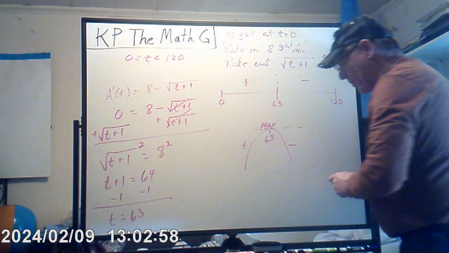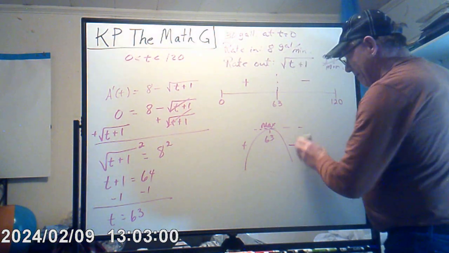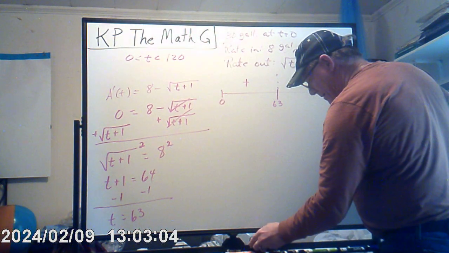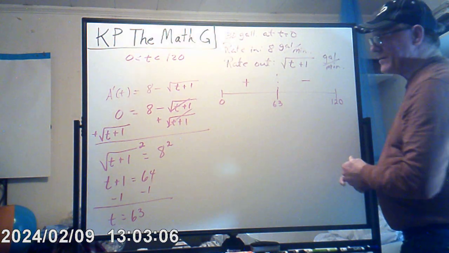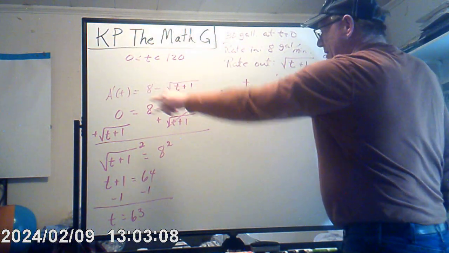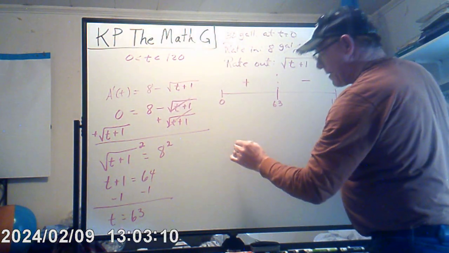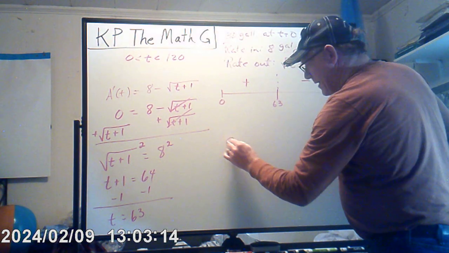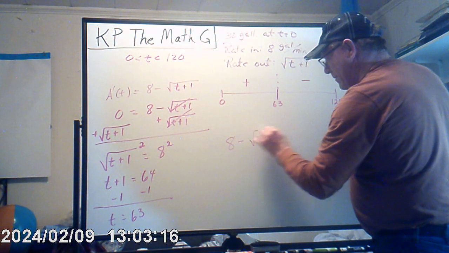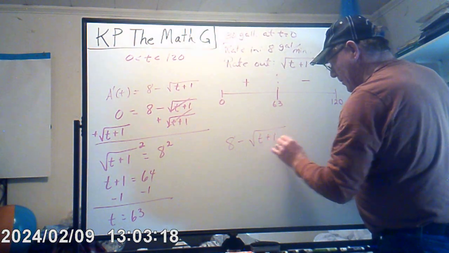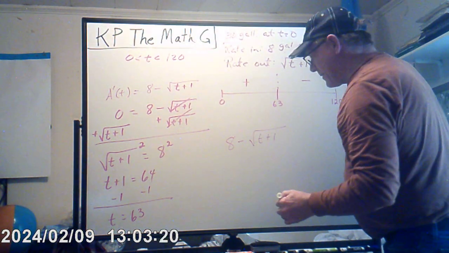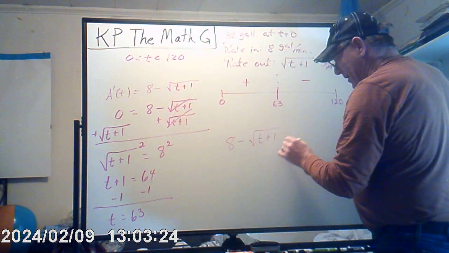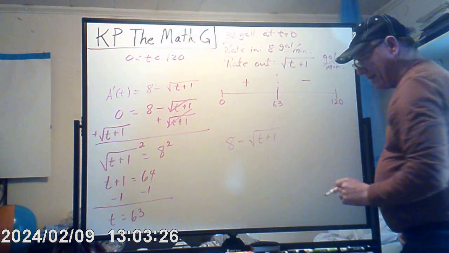Let's go to the problem itself. Bear with me, everyone. So we just said that 8 minus the square root of t plus 1 was equal to 0.